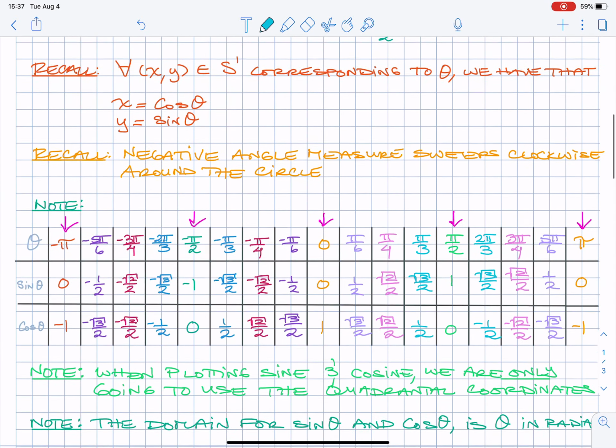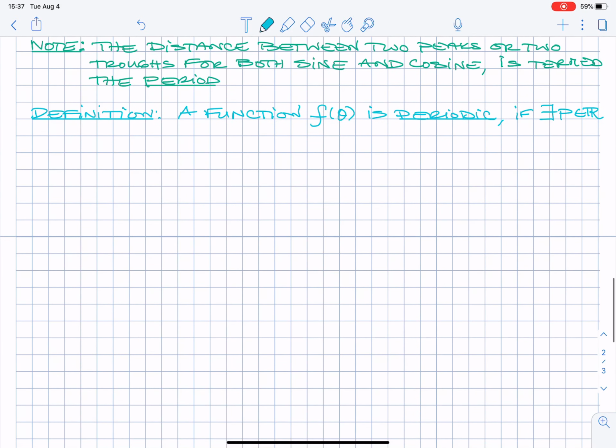Oops, what just happened there? Thank you, Tim Cook. Okay, let me rewrite this because of Apple. So if there exists P, an element of the real numbers, which I read aloud, if there exists a real number P, such that, which is backwards C with a line through it and a colon, f of the quantity theta plus P is equivalent to f of theta.